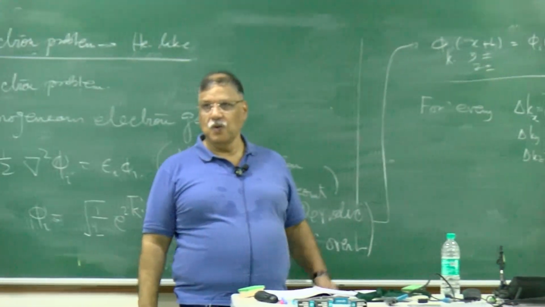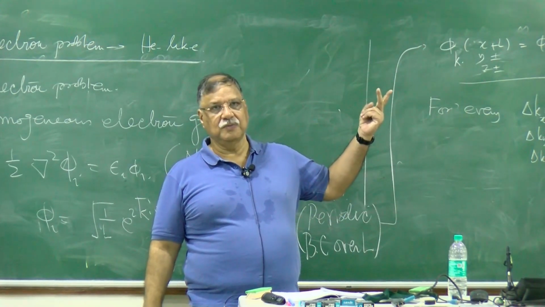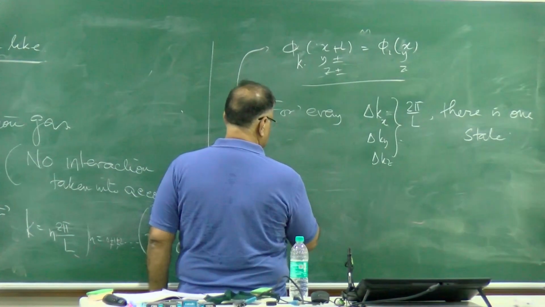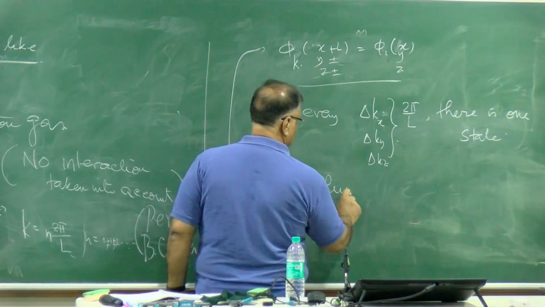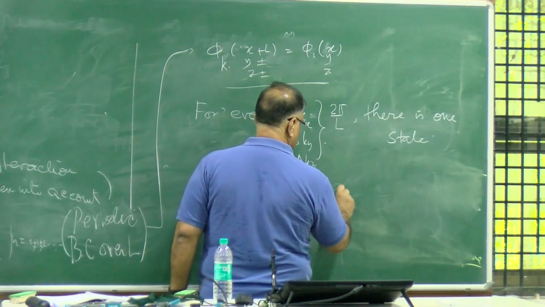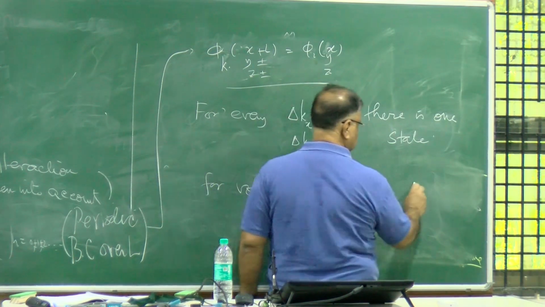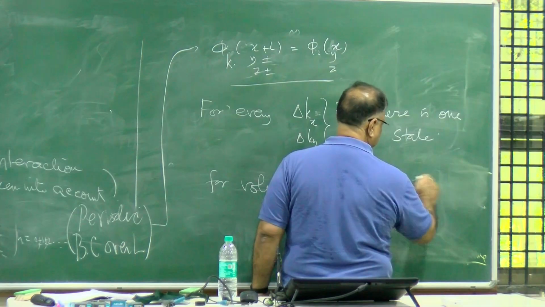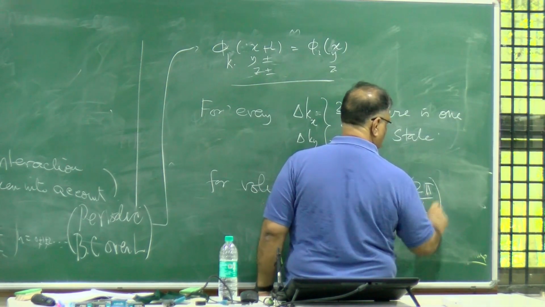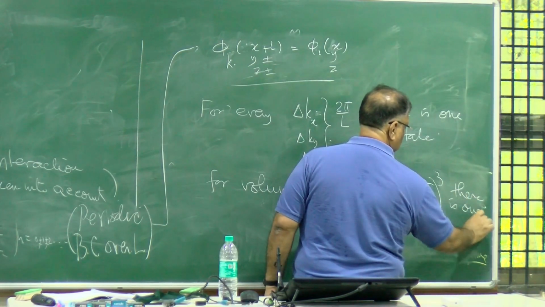One space state. And in each state I can have 2 electrons by Pauli exclusion. So for volume delta kx, delta ky, delta kz equals 8 pi cubed, let me just write 2 pi by L cubed, there is one state.